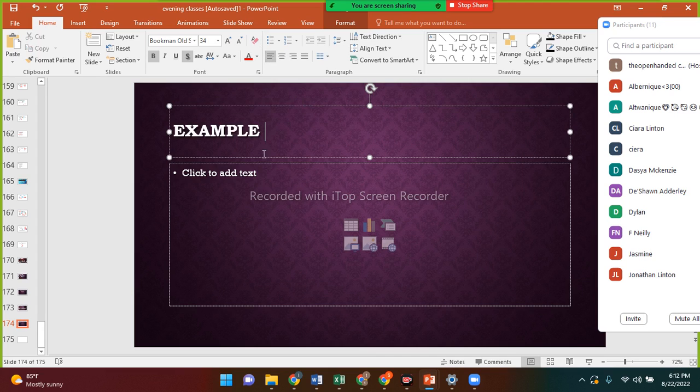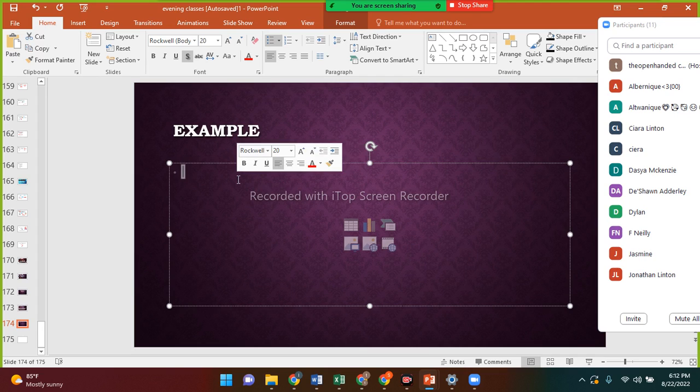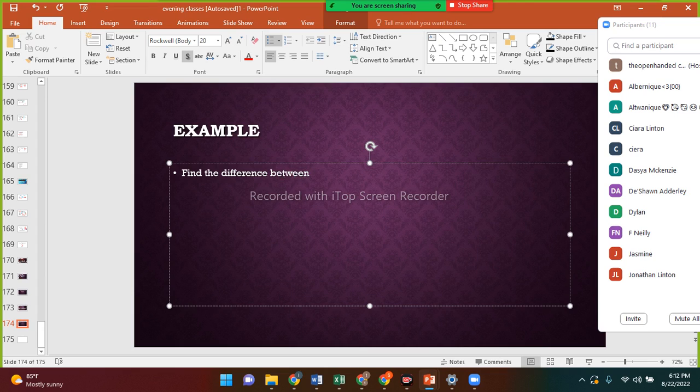What if I say, find the difference between the sum of 938 and 841 and the product of 27 and 65. So that's the question right there.